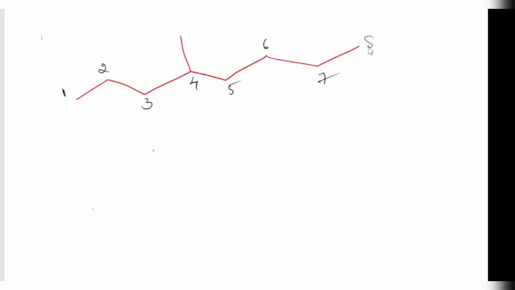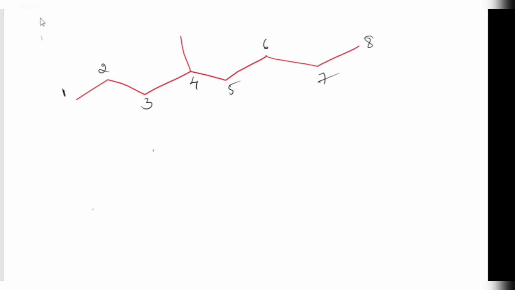Now we'll discuss another example. Suppose I take it like this. Numbering has to be done in this case, suppose I number from this end: 1, 2, 3, 4, 5, 6, 7, 8.